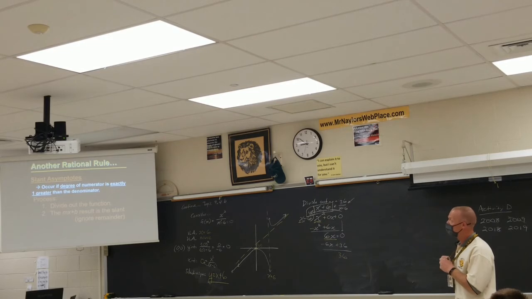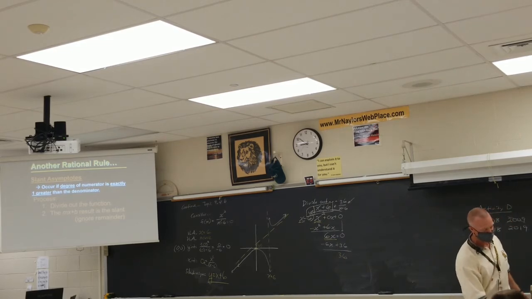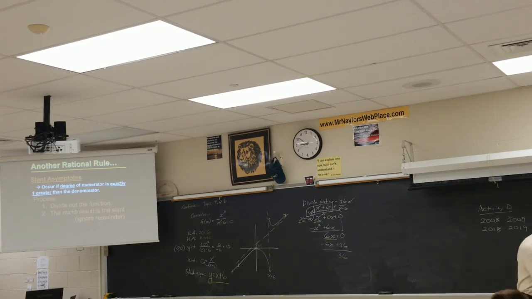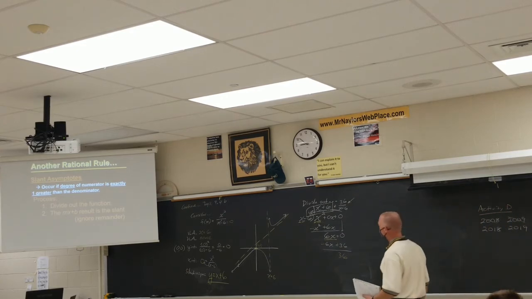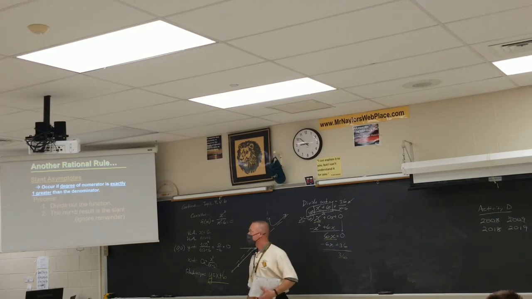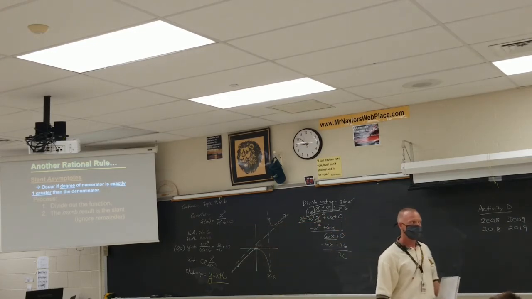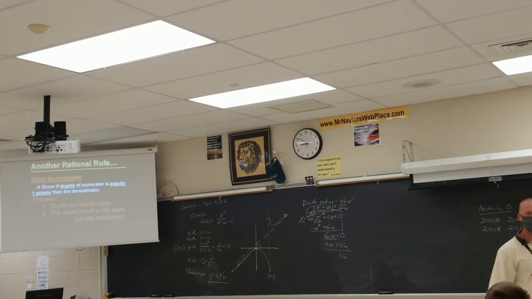And you can find it by dividing. When you divide, you're basically looking for the mx plus b. You're looking for what it's trying to equal. And when it's trying to equal mx plus b, of course that will be your slant asymptote.